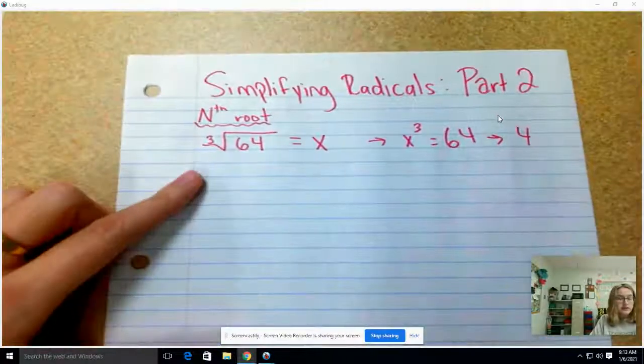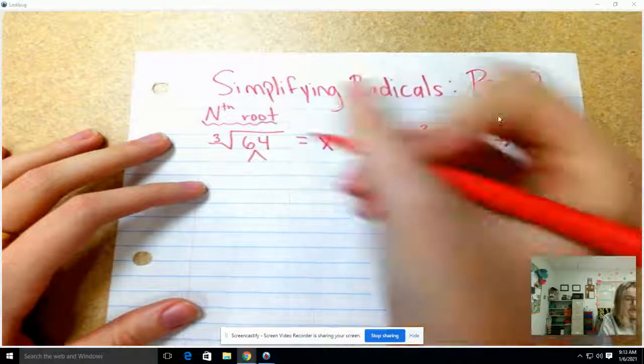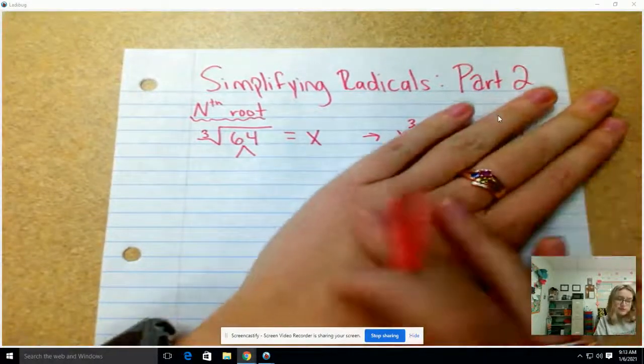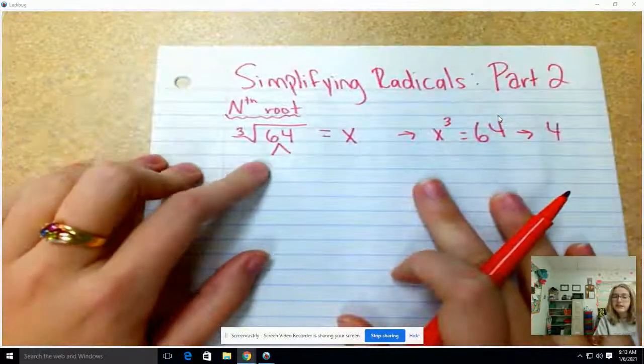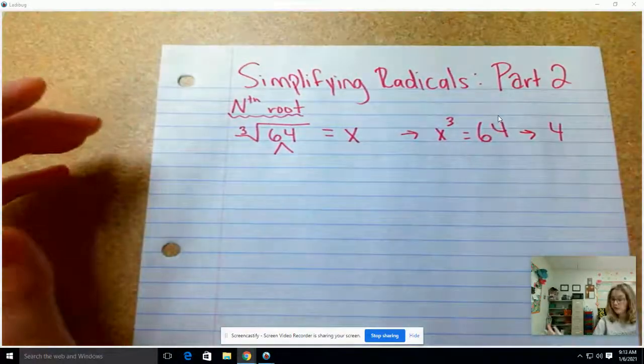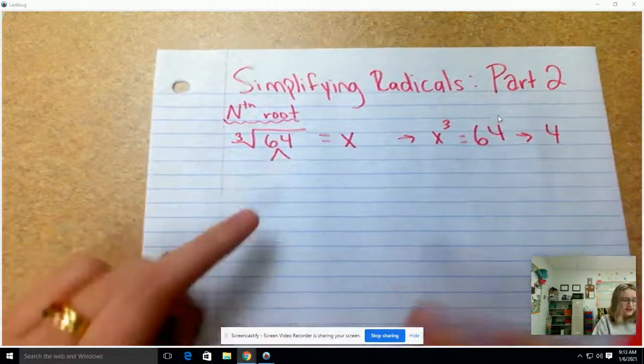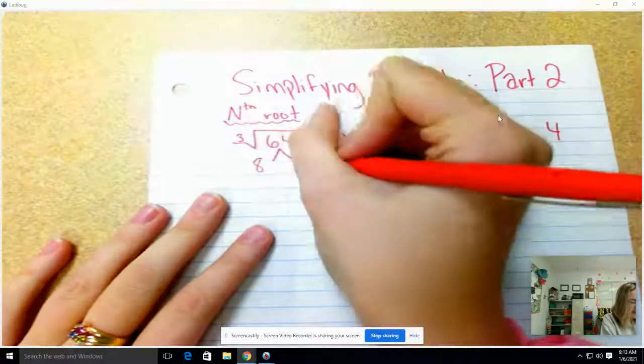But if we wanted to do it the long way, the factor tree way, let's say we had no idea that we could do this and we were so confused. We're going to start by breaking down 64. We know it's a perfect square, but off the top of our heads we don't know about the cube. So we need to do our factor tree, and we know 64 is 8 and 8.